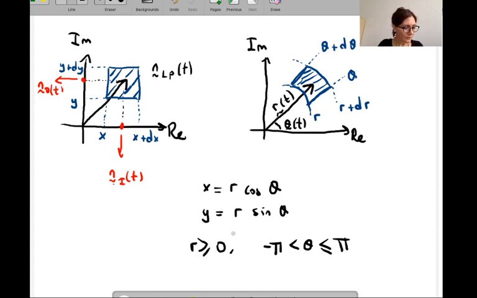Okay, so now the argument will be the following. Since this region is more or less the same as this region, if x, y, and r theta obey these relations, then the probability that my random vector NLP of t is somewhere within this rectangle is the same as the probability that it's somewhere within this region.